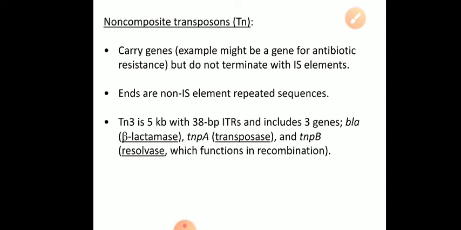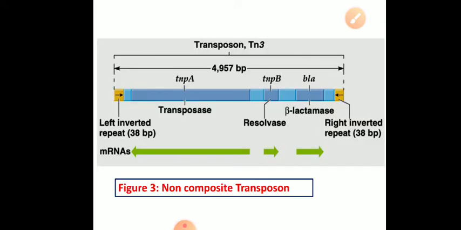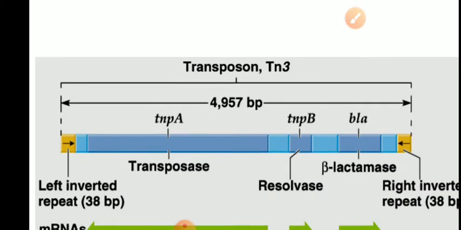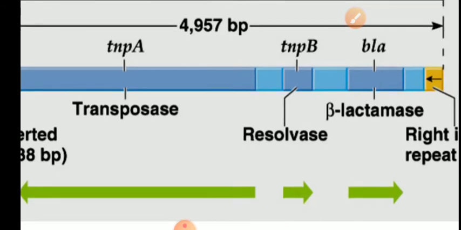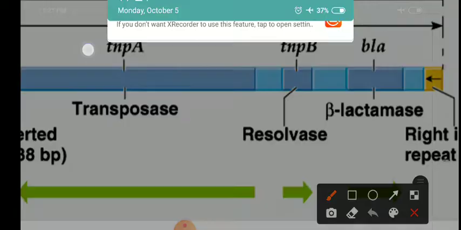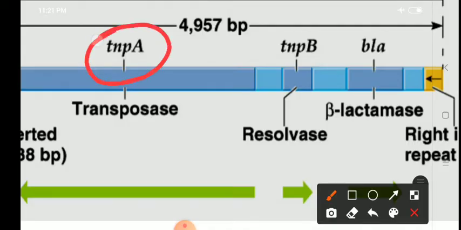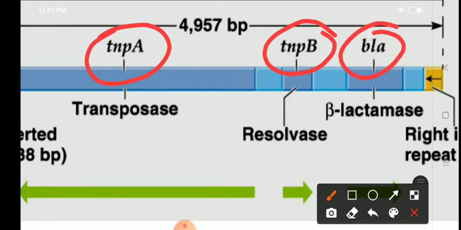And at both the corners, what will be present? Inverted terminal repeats. So this is the diagram of Tn3, which is a non-composite transposon. You can see in blue color there is the tnpA gene, which produces the enzyme transposase. There is the tnpB gene which produces the enzyme resolvase. There is the bla gene which produces the beta lactamase enzyme.